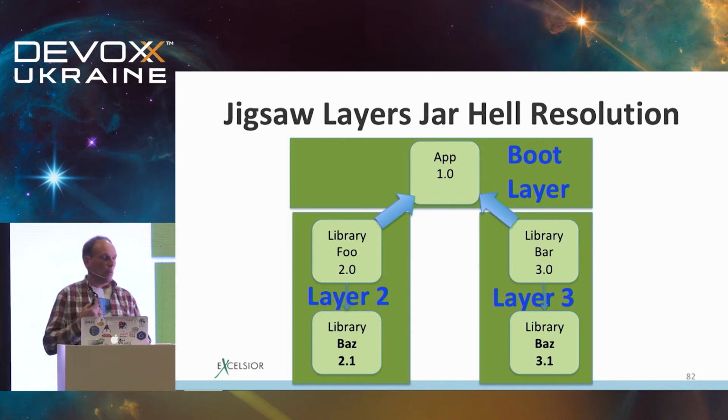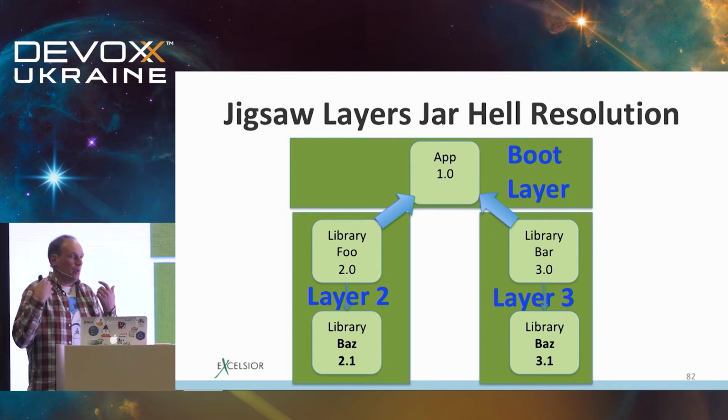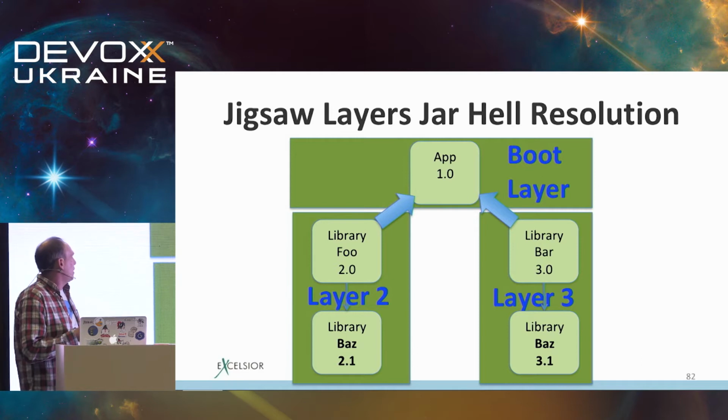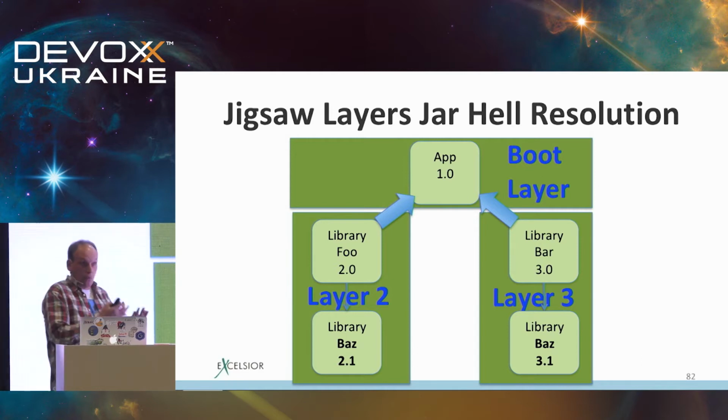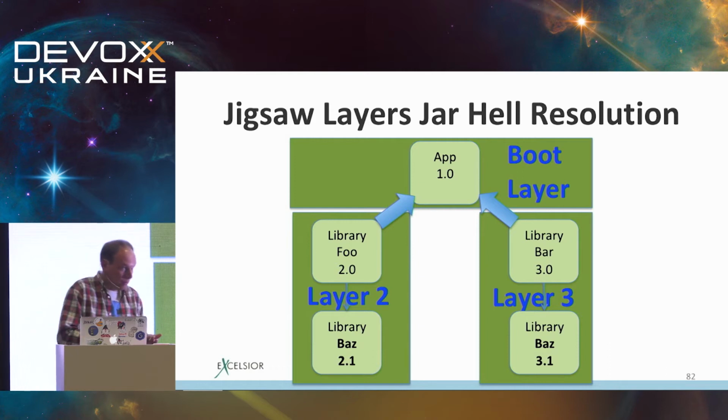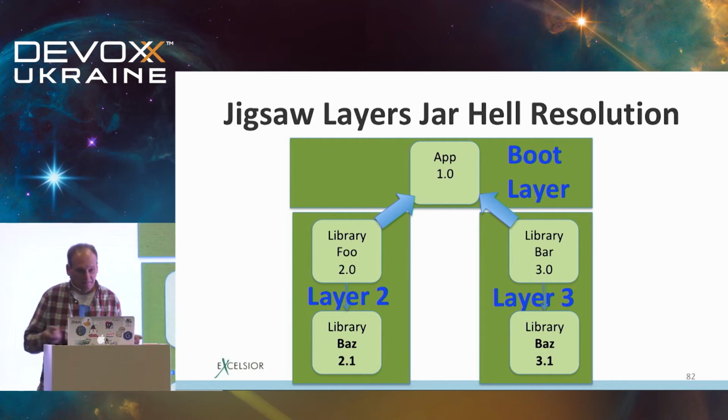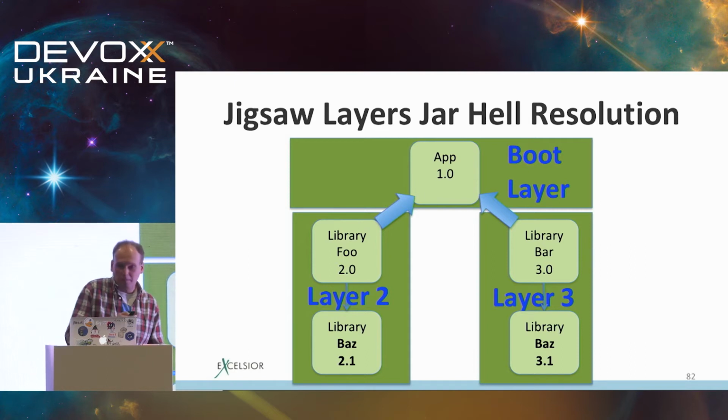An arrow direction from A to B means that A imports B. So app imported foo before, and now foo imports app.